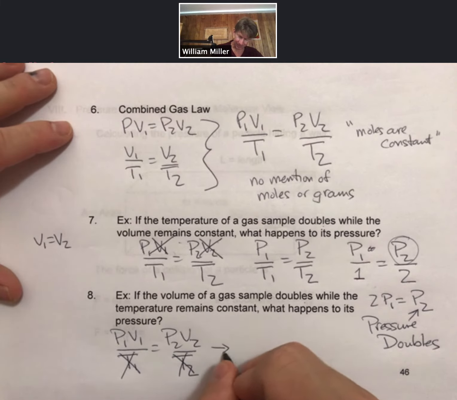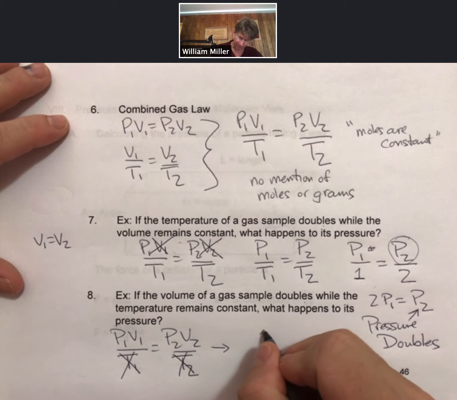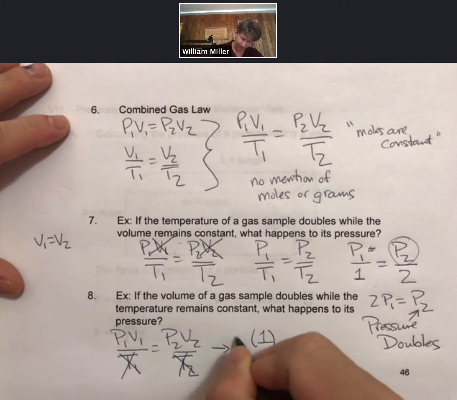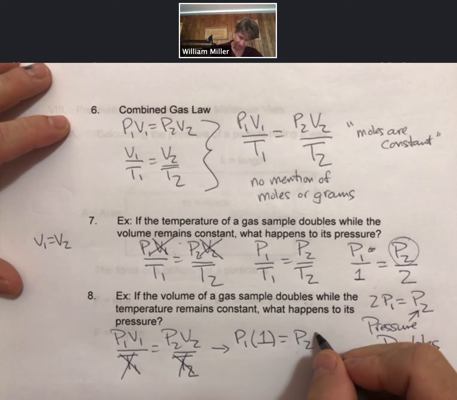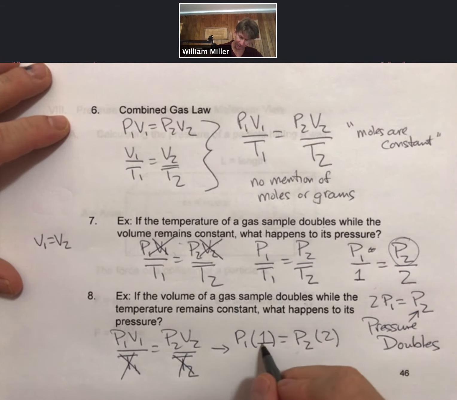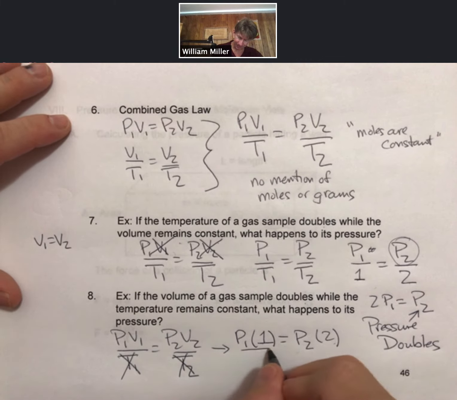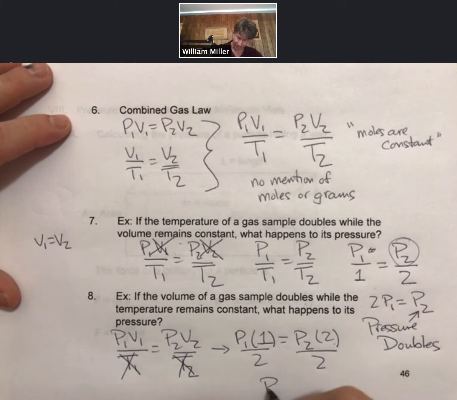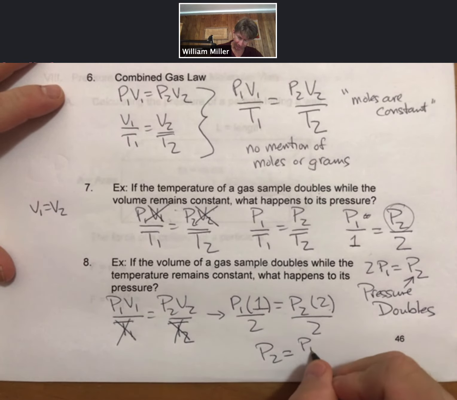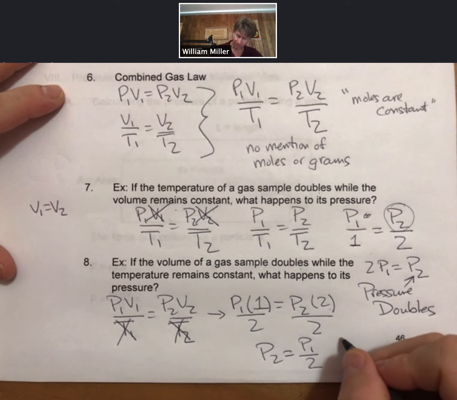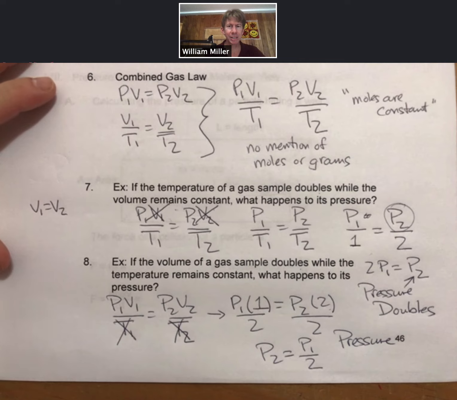And now, if the volume of a gas sample doubles, V1 we're going to call 1, V2 we're going to call 2, so volume has doubled. And now P2 equals P1 divided by 2, so pressure is cut in half.